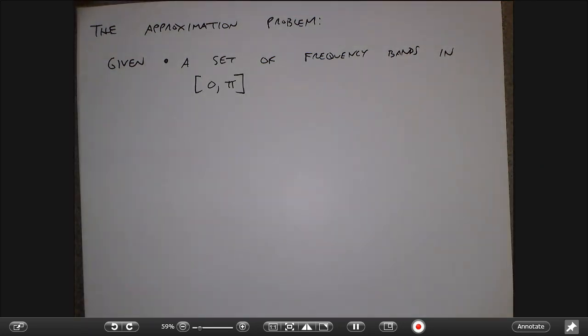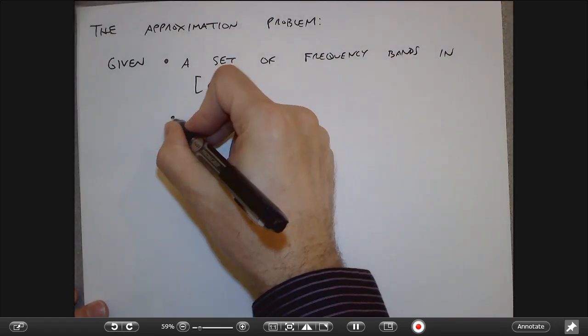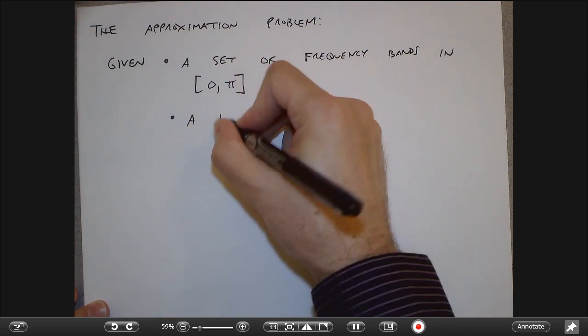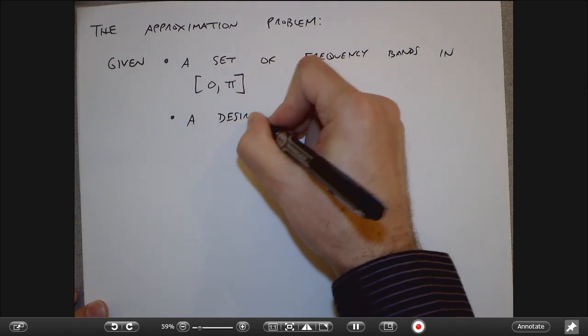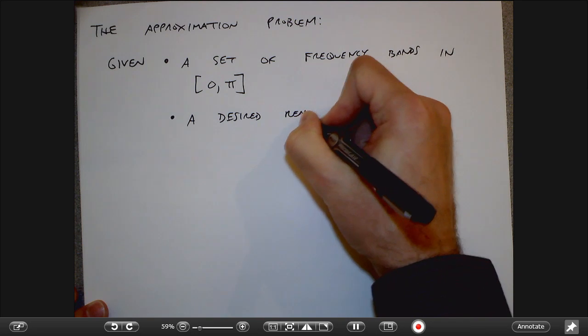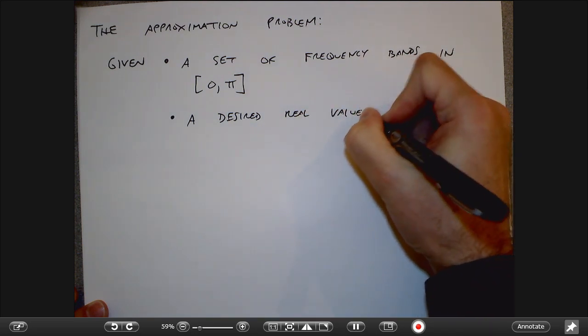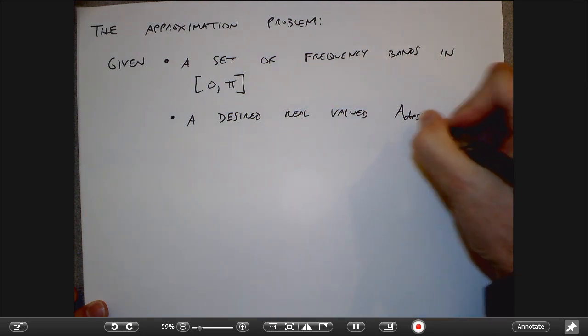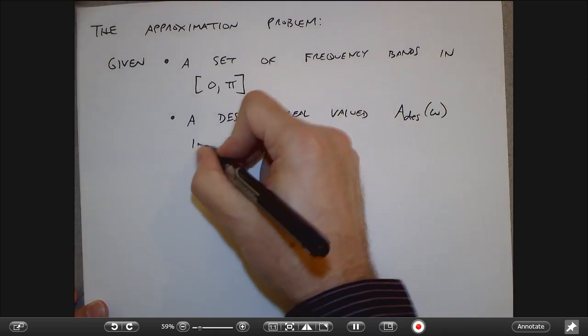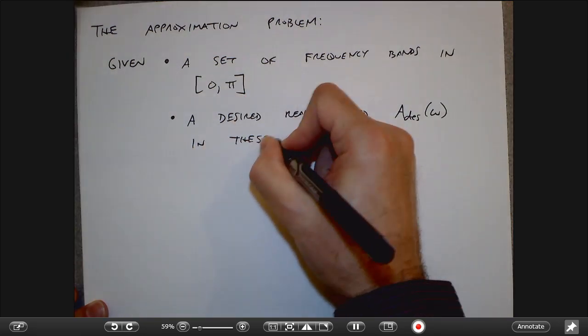But in general, I could actually specify more bands. I could make the filter do a bunch of other things in there if I wanted to. And then I give you a desired real valued A desired at omega in these bands.